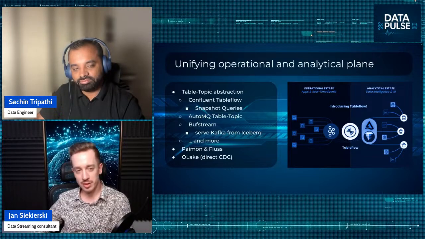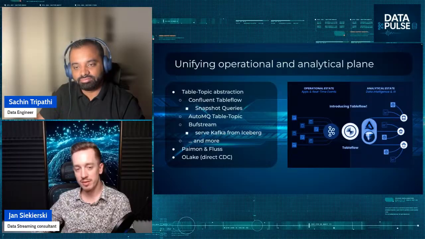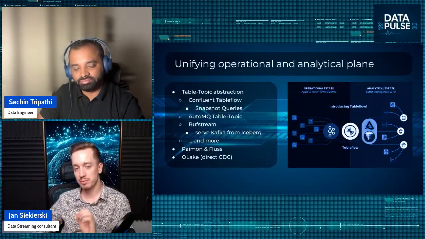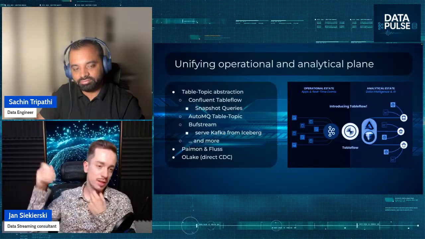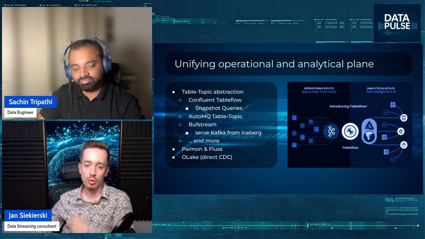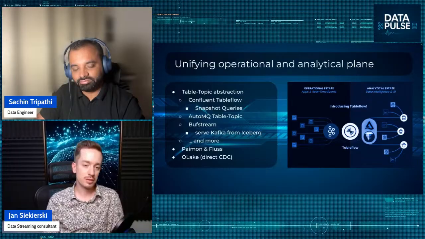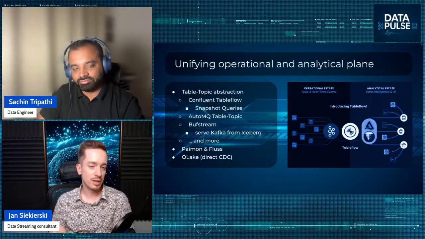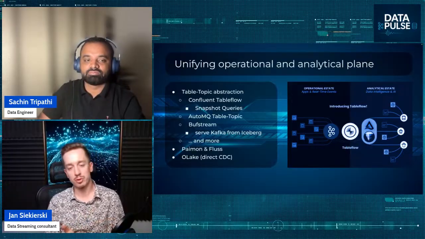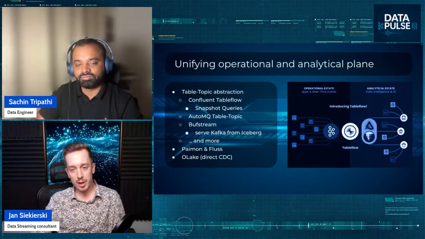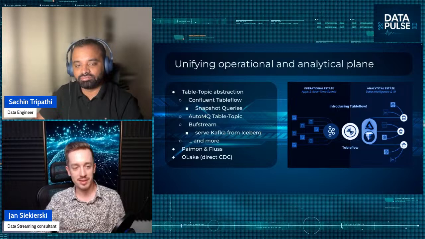CDC is a concept that most of us are probably familiar with from Debezium and Kafka, where Debezium is a CDC connector that moves data from a database into Kafka, and then this data can be streamed to wherever you want. It does this a little bit differently because they don't have this Kafka in the middle, and it's an open source solution that moves data from a source to a destination without ETL, without much complexity.